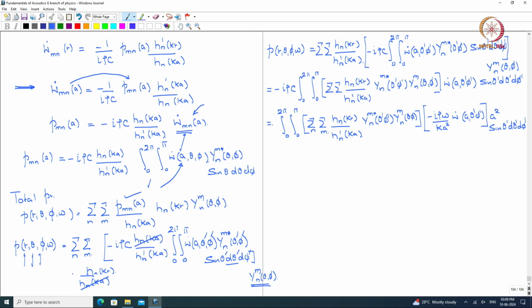Okay, this is the area differential. Let me say dS0 at a.